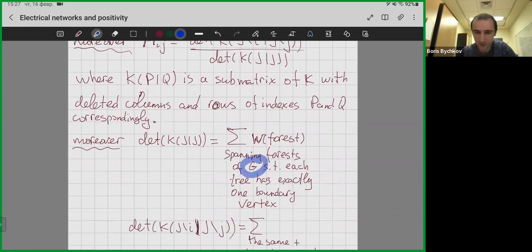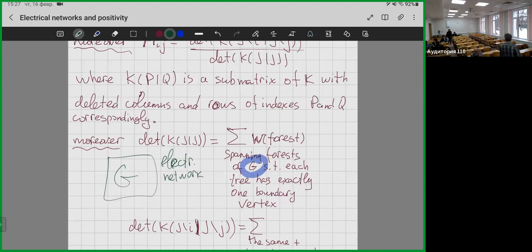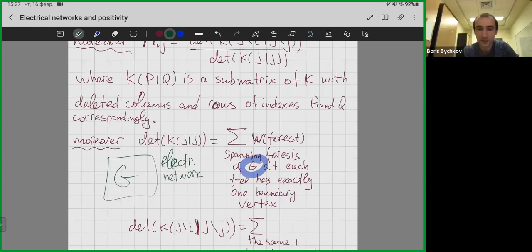I didn't mention it: we have an electrical network G such that each tree has exactly one boundary vertex, so each connected component of the forest.